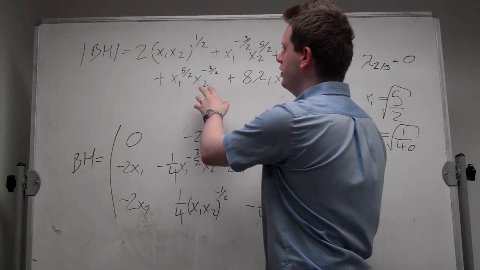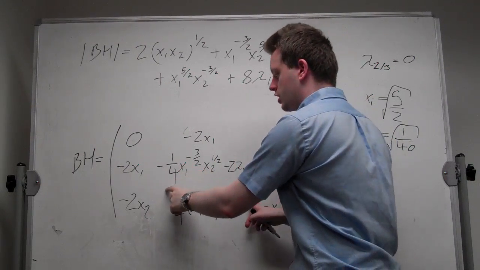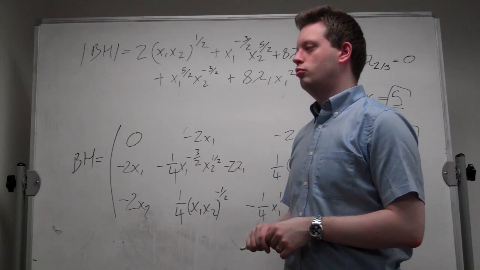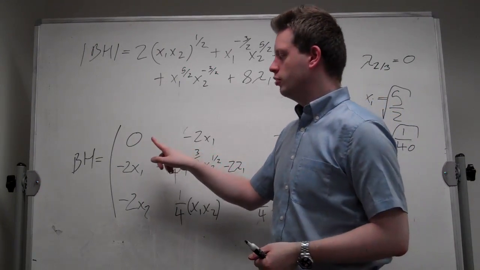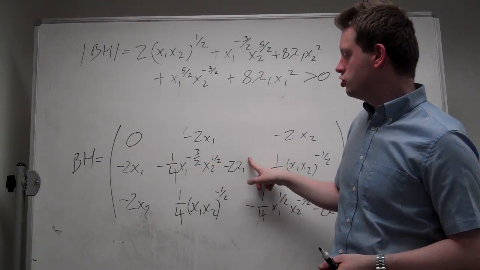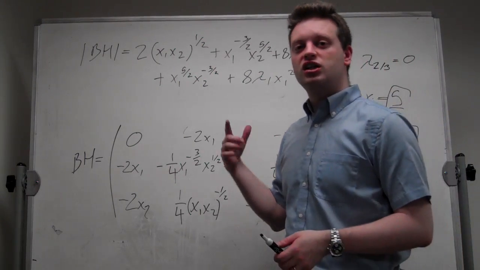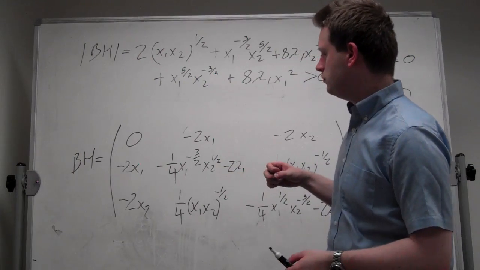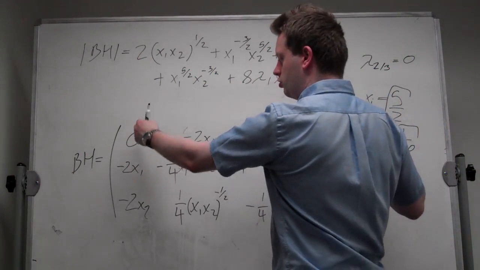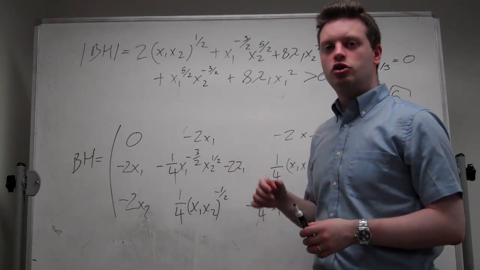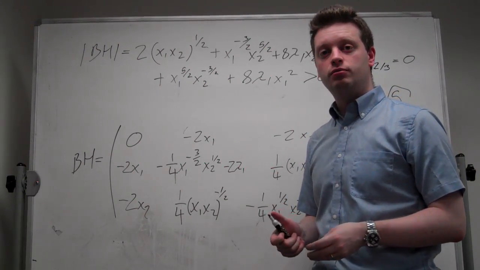Okay, so we found the determinant of this bordered Hessian is positive. Well, since it's a bordered Hessian with one constraint and two endogenous variables in the objective function, we know that we just need to check the overall determinant of this thing, and if the overall determinant is positive, we have a maximum.